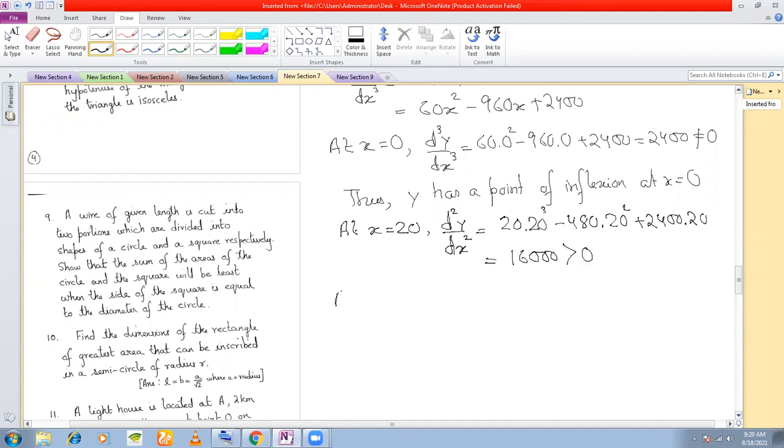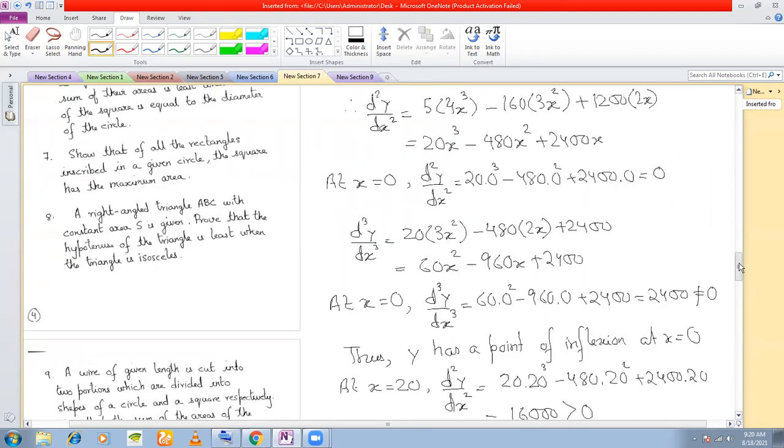So what can you say? Thus y has a point of local minima at x is equal to 20.